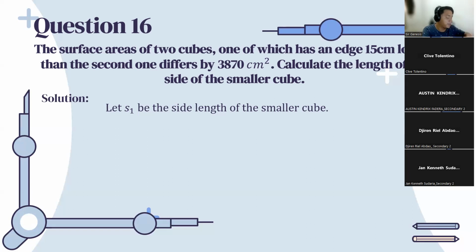So s sub 1 is the side length for the smaller cube, which means that the other cube will have s sub 1 plus 15. Right? So in this case, the surface area is 6 times the side squared minus 6 s sub 1 squared, equal to 3,870. As you can see, we have s sub 1 plus 15 for the bigger cube.